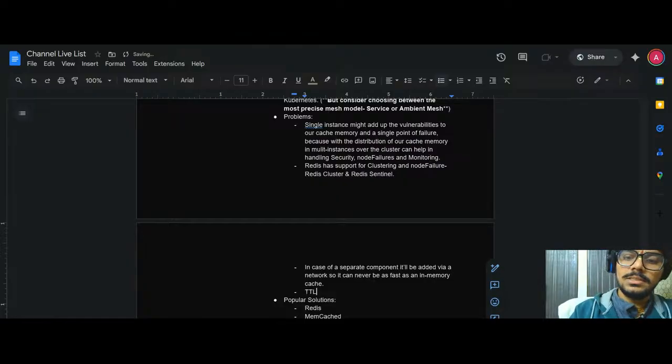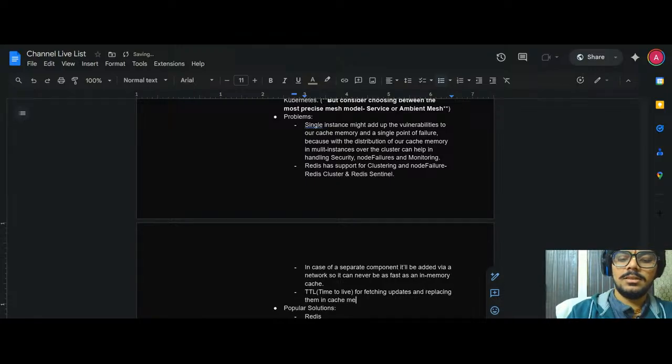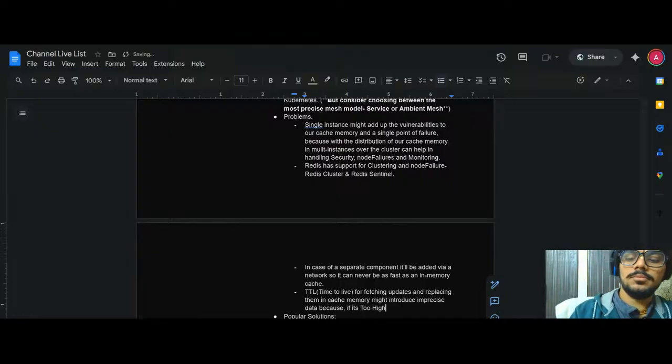TTL, time to live, for fetching updates and replacing them in cache memory might introduce imprecise data because if it's too high, we'll often be serving stale data.